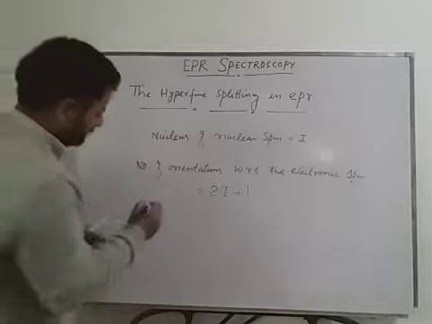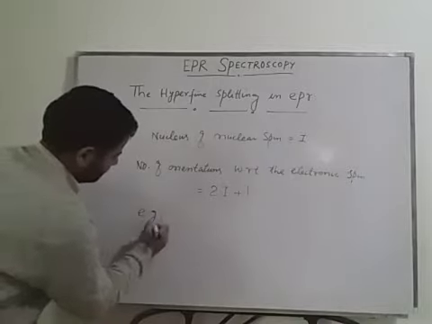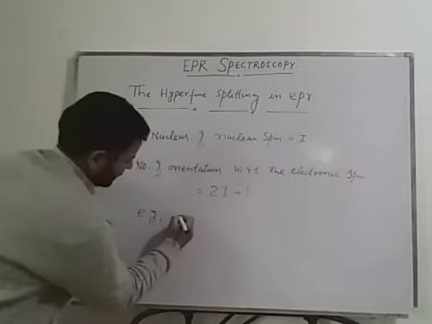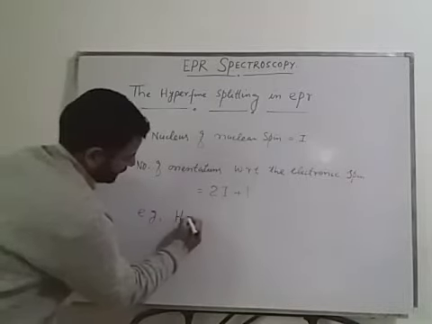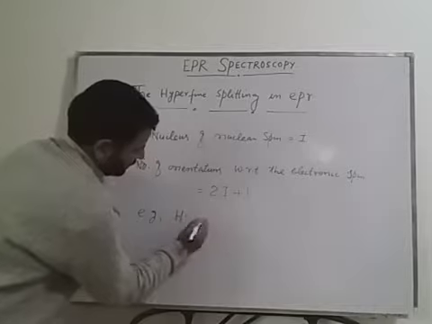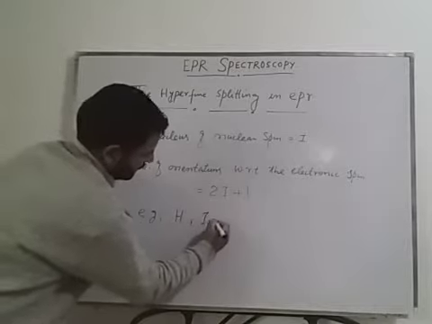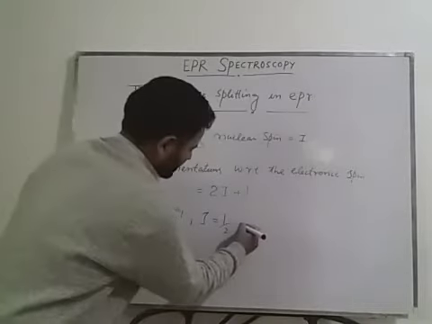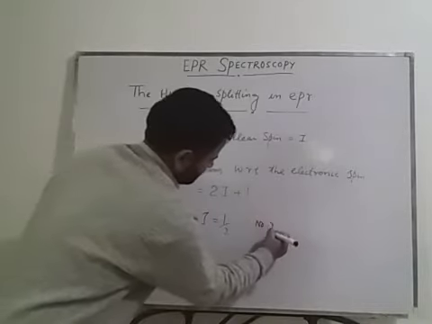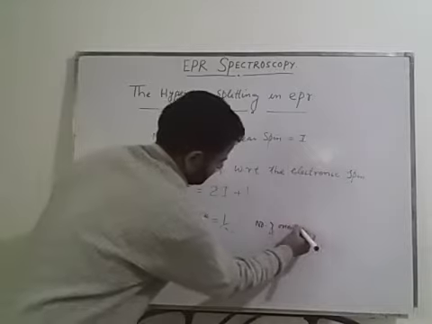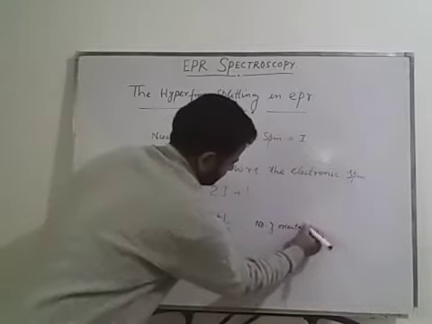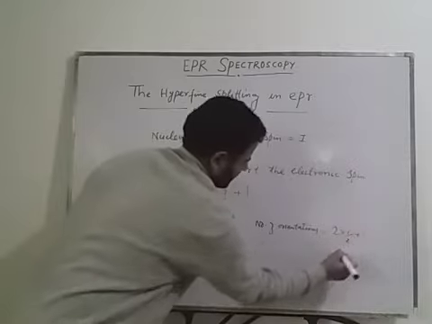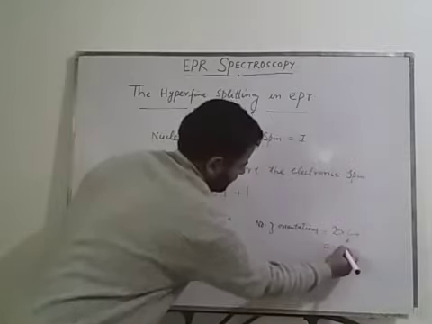For example, if we have a nucleus with nuclear spin equal to 1/2, for example in the case of hydrogen, where I is equal to 1/2, what will happen? The number of orientations will be equal to 2 into 1/2 plus 1, so that will be 2.